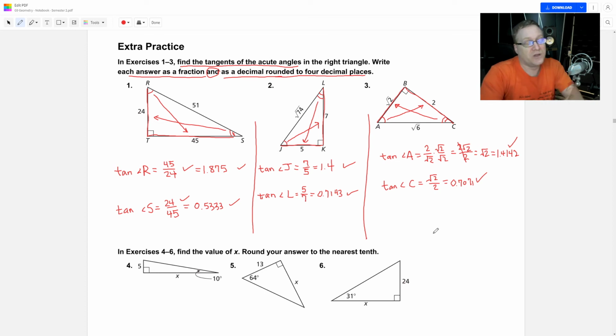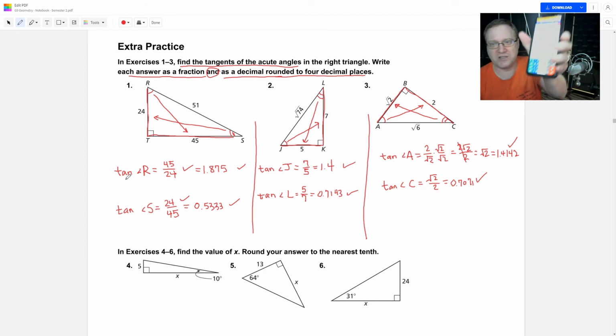Now, for the next part, you need to make sure that you have a scientific calculator. Means it should have buttons to do the tangent function. For example, I have a scientific calculator on my phone, and down here there's a button that says TAN.